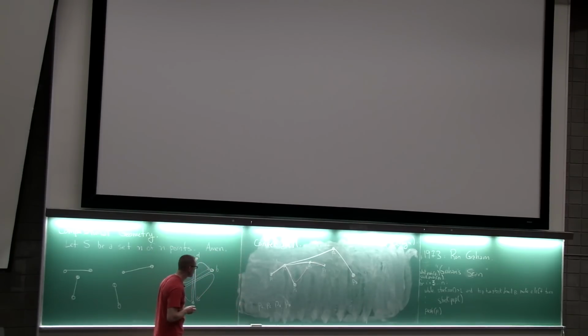So the algorithm terminates with P1, P2, P6, and P7 on the stack, and the claim is that's the upper hull of this place. Okay. Is that clear?